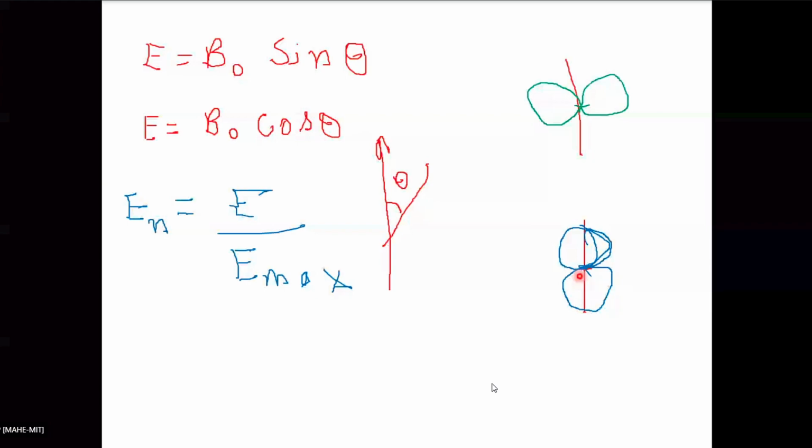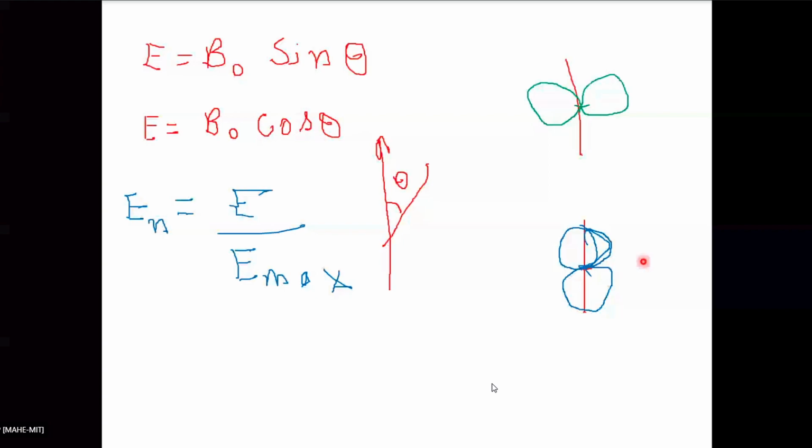What is the direction of null in the first pattern? Direction of null in the first pattern is 0 degrees and 180 degrees.